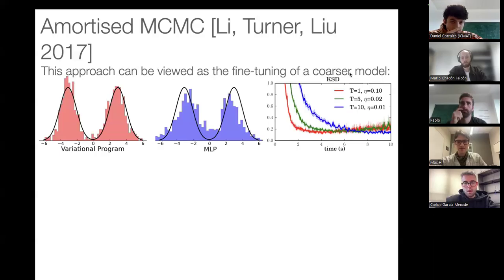The approach that they posit can be viewed as fine-tuning a coarser variational approximation. So you'll have your q of theta, it's coarse or bad in some way, and we apply K, which fine-tunes it, and we find our new q of theta that attempts to look just like our original q of theta with K applied to it.